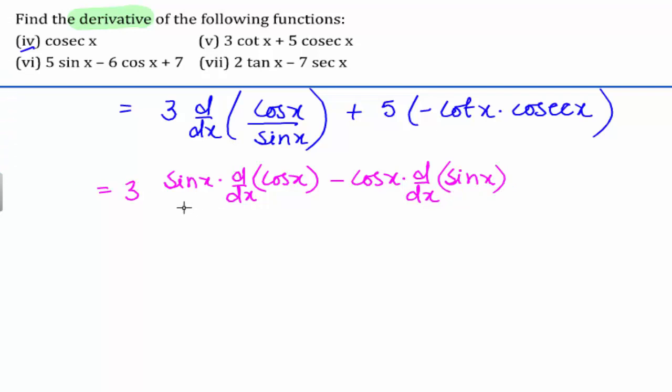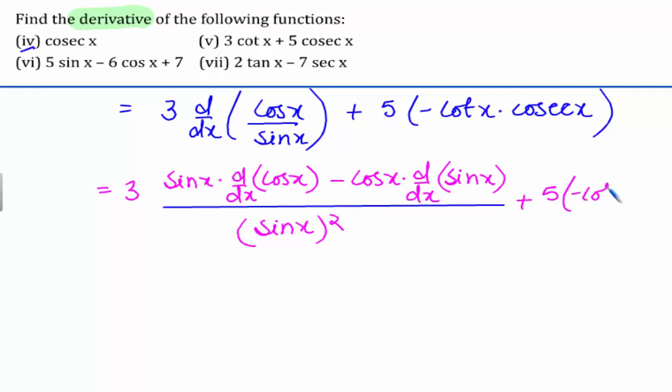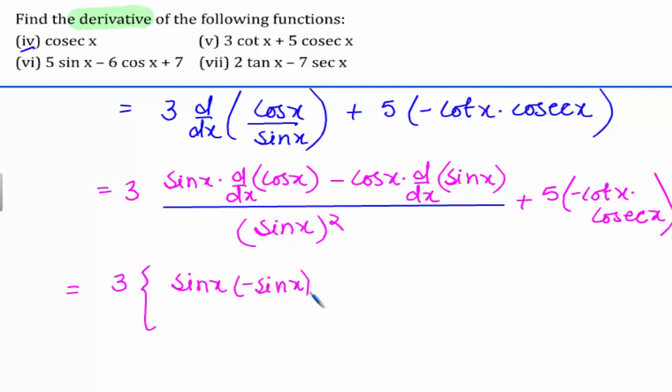Now this is further equal to 3 times of sin x into the derivative of cos x, which is minus sin x, minus cos x into the derivative of sin x, which is again cos x, divided by sin square x, then plus into minus is minus, so we have 5 cot x into cosec x.